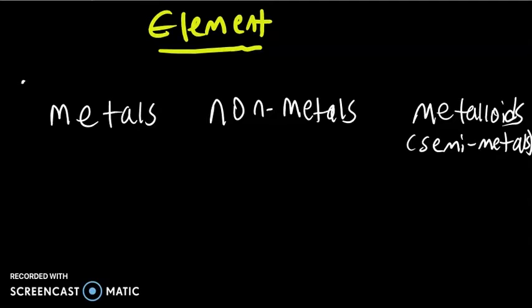We will cover this in another video. I just wanted to let you know that elements are divided into metals, non-metals, and metalloids. Metalloids have properties of both metals and non-metals.